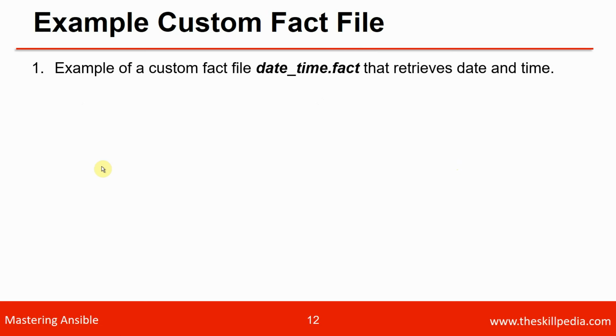Let's take an example. Example of custom fact, and we just want to define date time. Just to give an example, date_time.fact. So this is going to be the name of the fact, date_time, and .fact is the mandatory extension, the file name should end with .fact, that retrieves date and time from the remote machine.